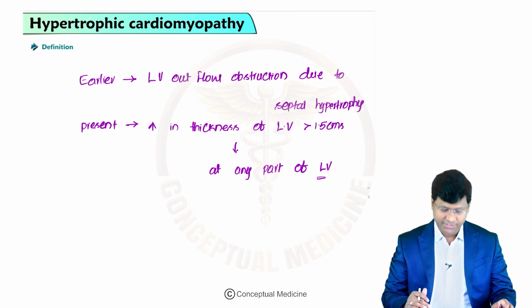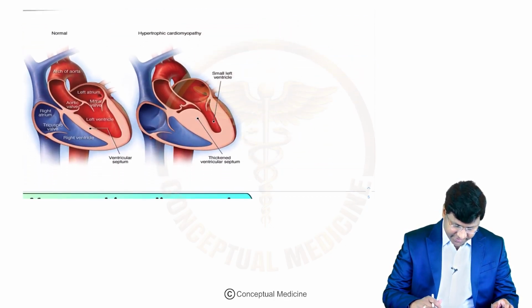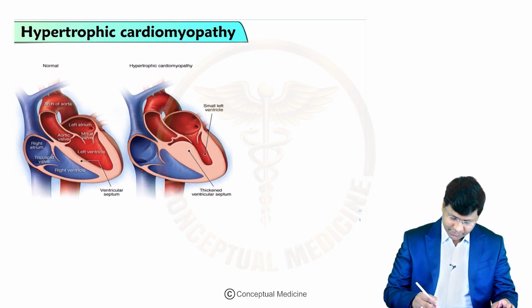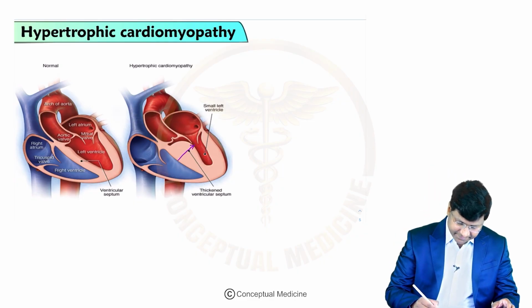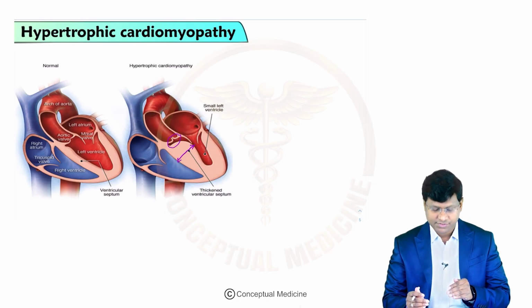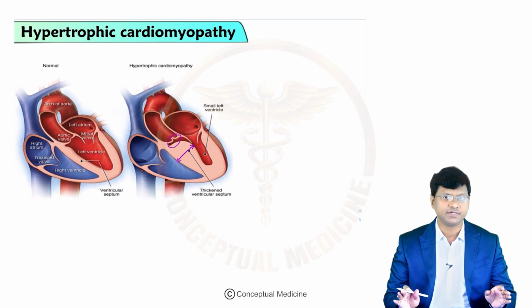Now, according to the earlier definition, an increase in the septum exactly at the outflow tract is called hypertrophic obstructive cardiomyopathy. But in the recent definitions, the increase in thickness need not be only in the interventricular septum, it can be at any part of the left ventricle.